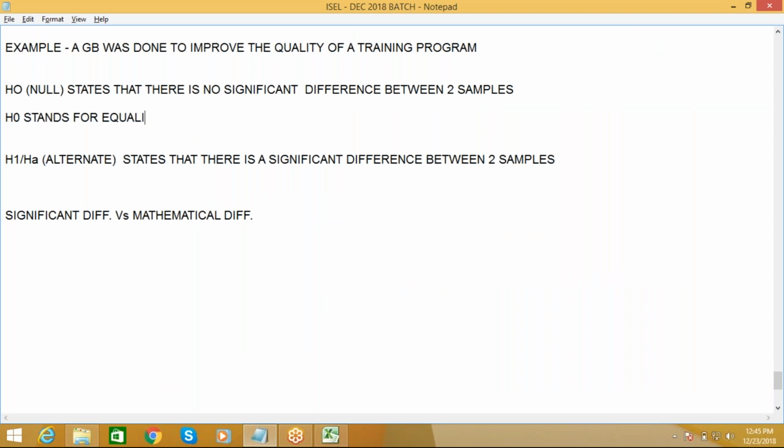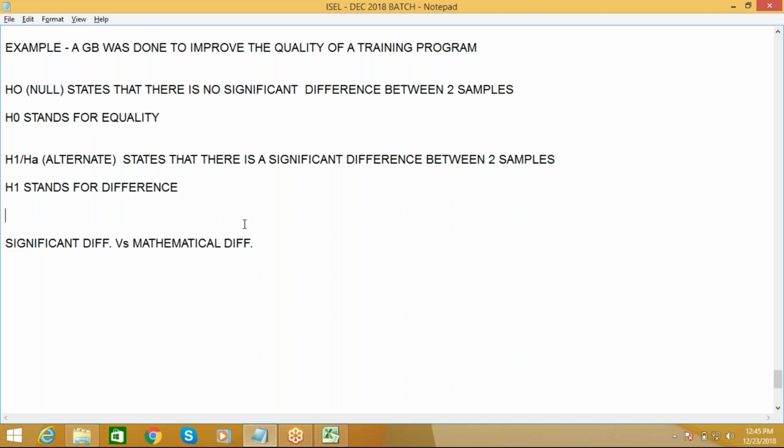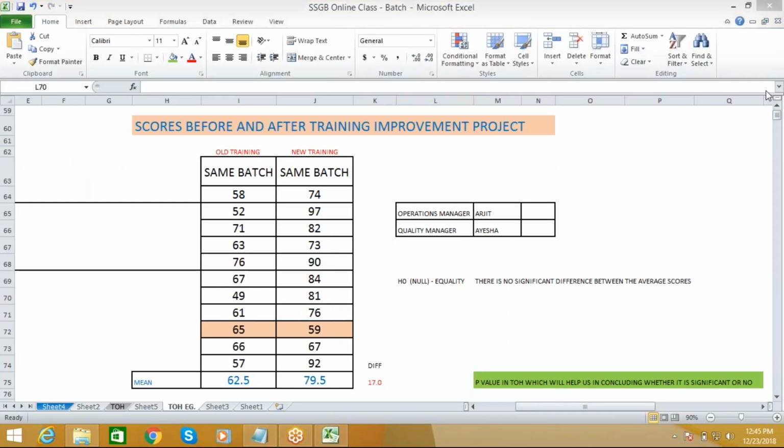This is universal, anywhere, right? Null always stands for equality, and alternate is always for a difference. All right. Okay, great going. So far, so let me just scroll up and look at the answers. Yes, all of you understand that this is the null hypothesis.